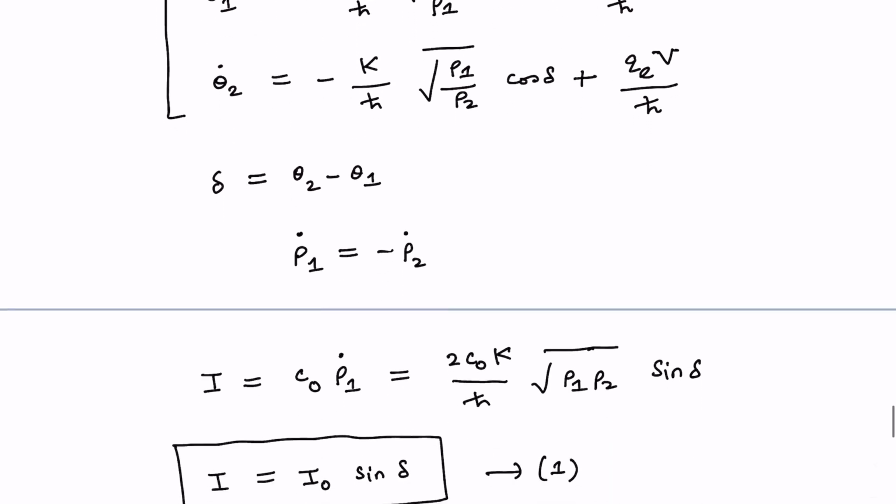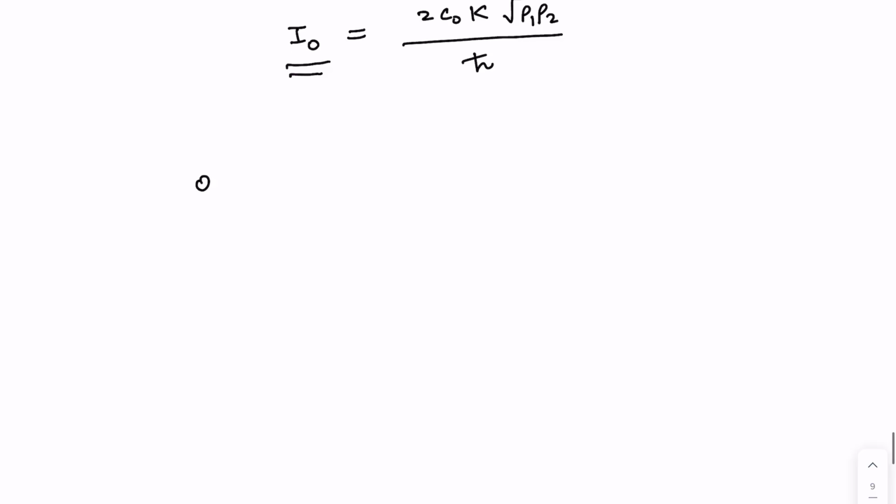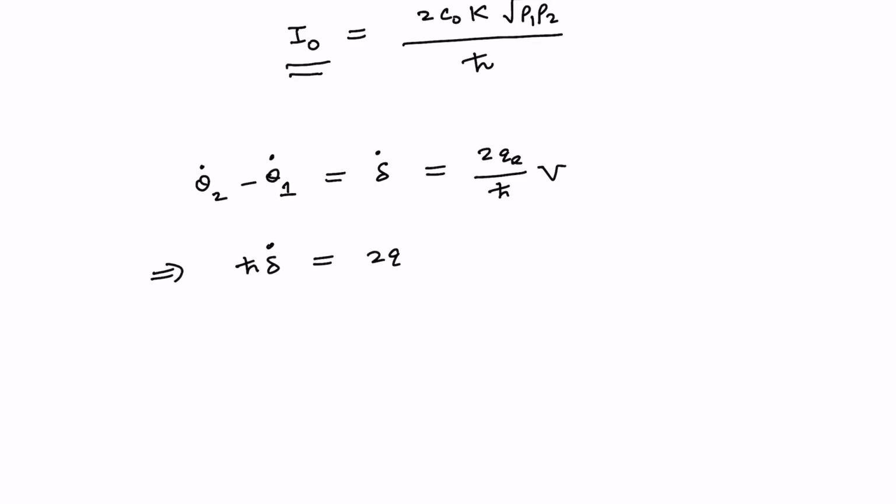Now, from the other two pair of equations, one can actually show, assuming that rho 1 and rho 2 are approximately constant and equal, that theta 2 dot minus theta 1 dot is equal to delta dot, and that is equal to 2QE divided by h bar into the voltage. And this I can also write as h bar delta dot is equal to 2QE into the voltage.